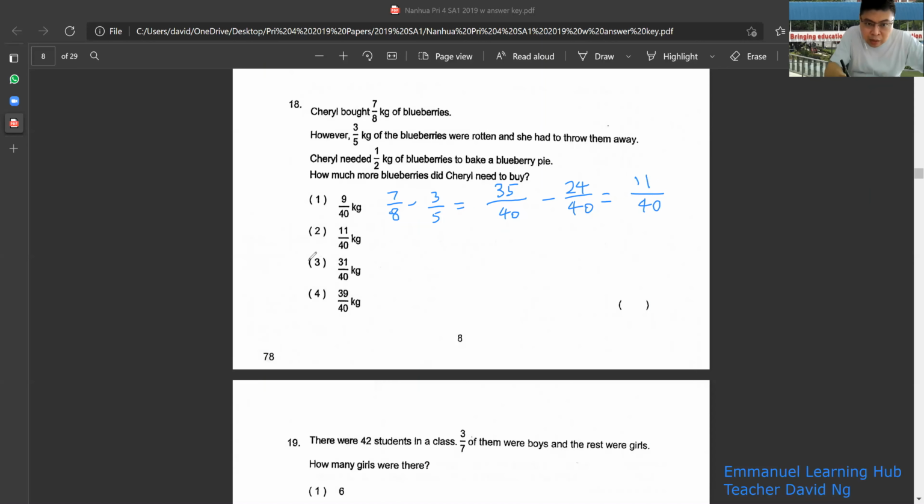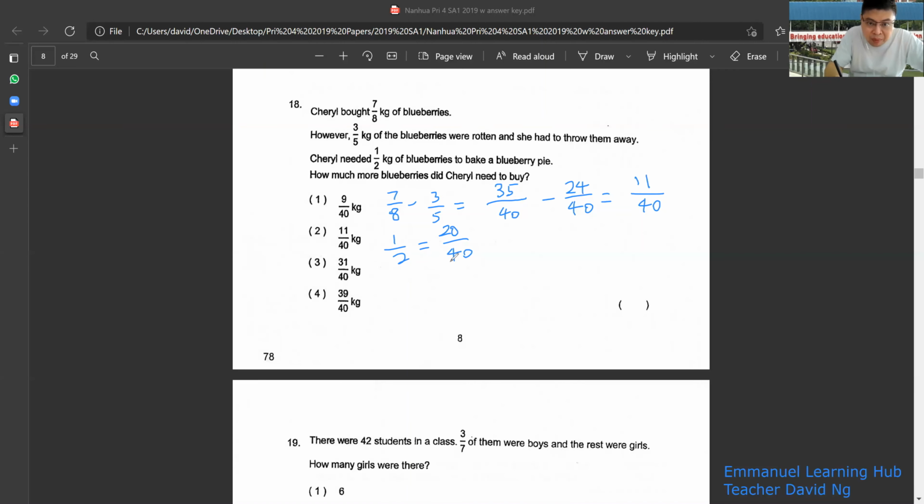But 11 over 40 is not the answer, because she needed half kg to make blueberry pie. Half a kg is how many over 40? You think carefully. Half is how many over 40? 20 over 40.